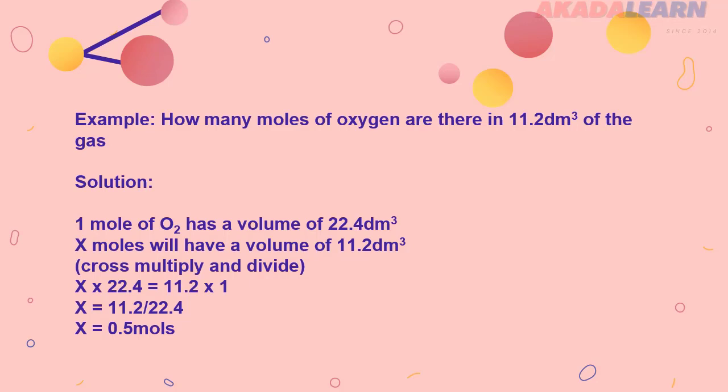You cross multiply and divide, you will have X times 22.4 equal to 11.2 times 1. If you press the calculator, you will see that X will be equal to 0.5 moles.